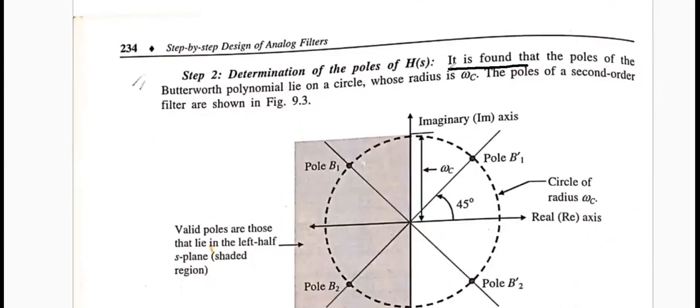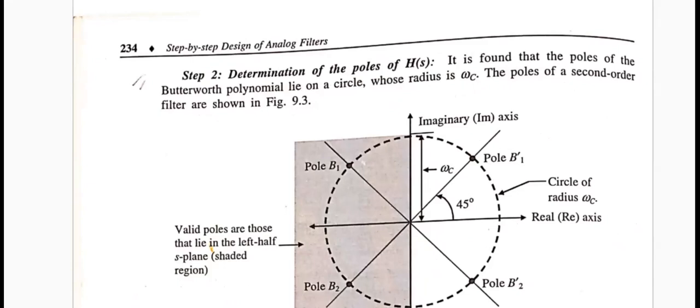It is found that the poles of the Butterworth polynomials lie on a circle, whose radius is omega c. So we have proven these two facts with this example, in mathematical terms.